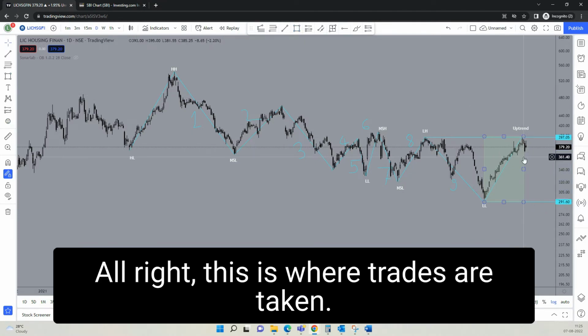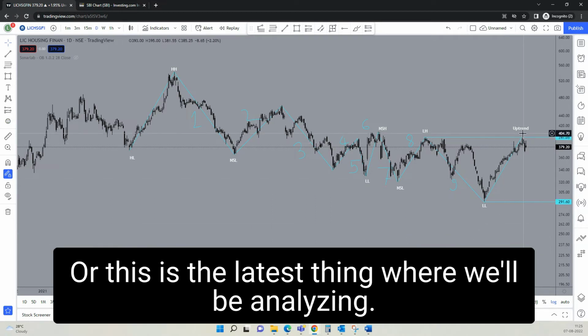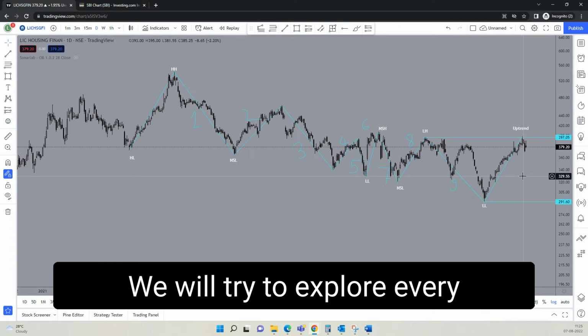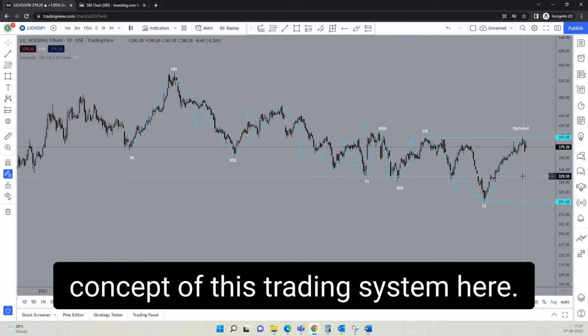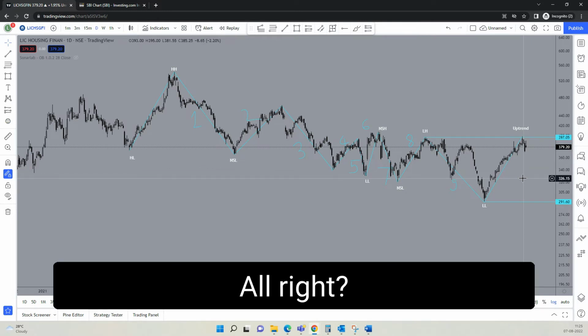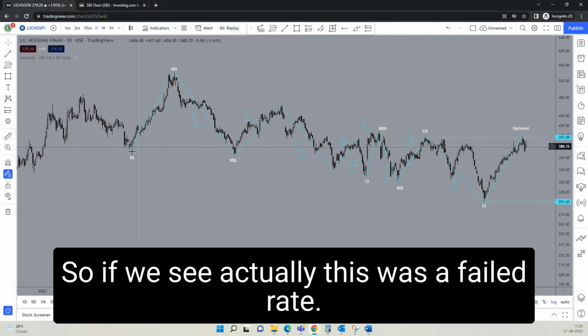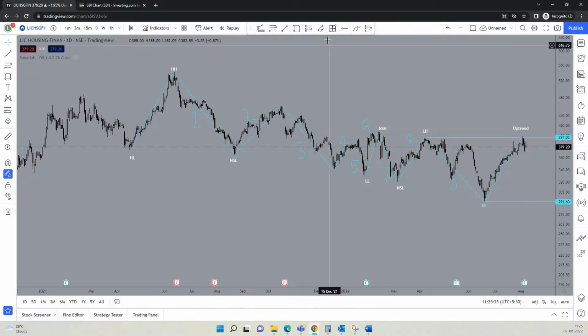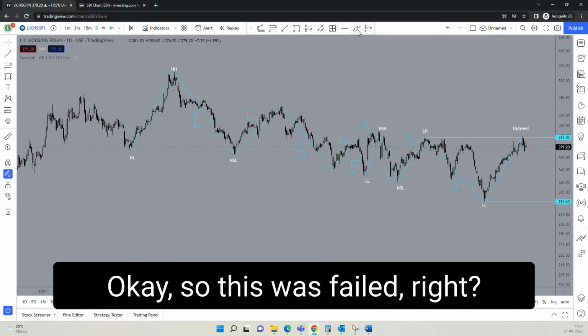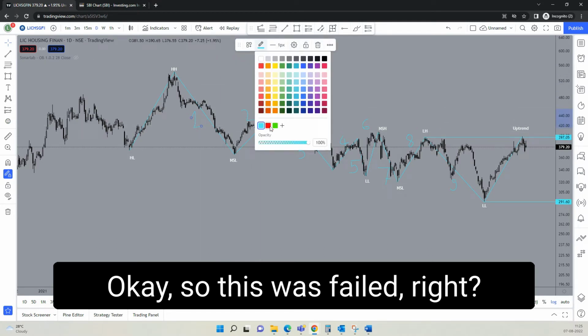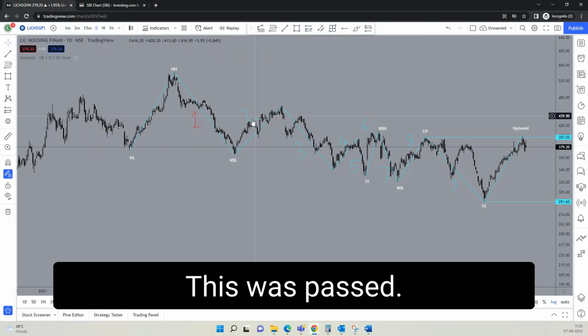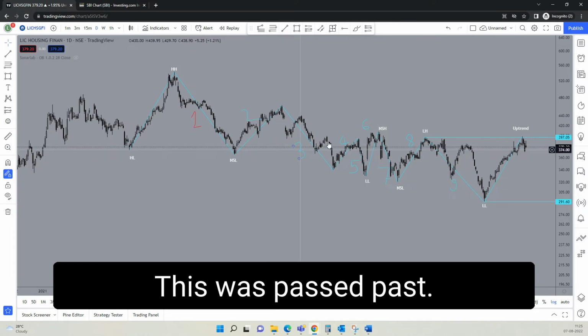All right. This is where trades are taken, or this is the latest swing where we'll be analyzing. We will try to explore every concept of this trading system here. So if we see, actually, this was a failed trade. Okay. So this was failed, right? This was pass, this was pass.